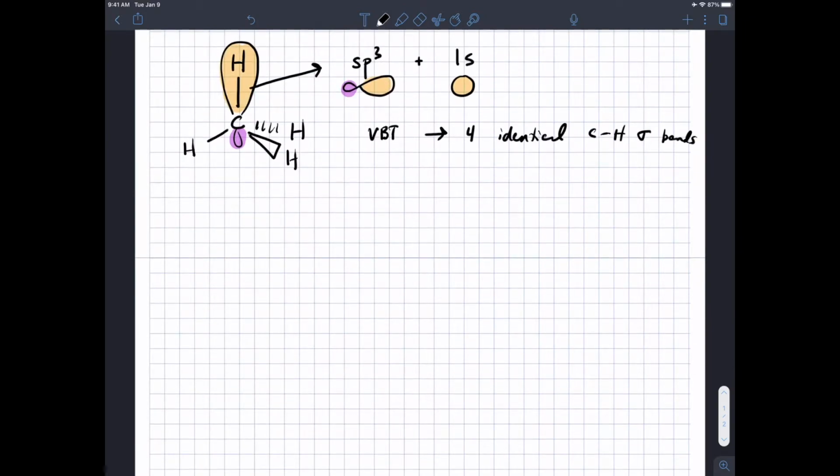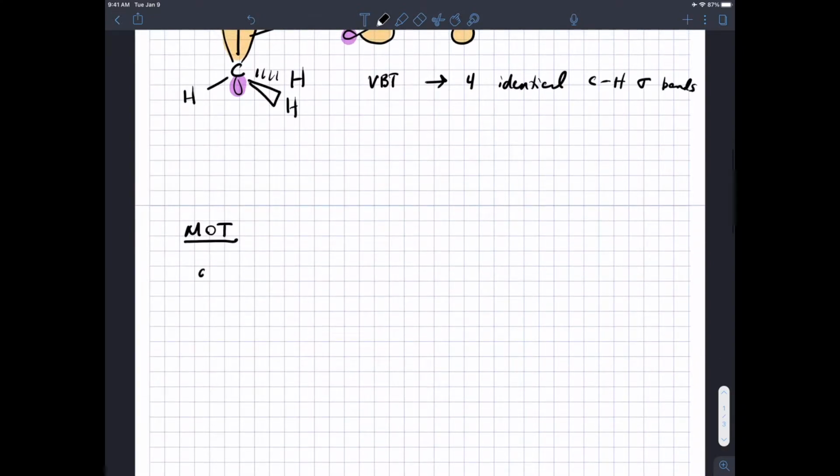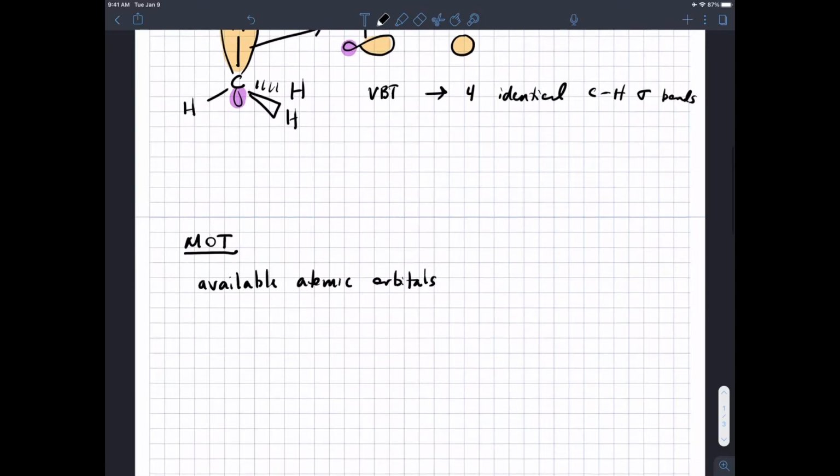In contrast with MO theory, we can start to make orbitals that are combined and span more than 2 atoms. Okay? So in our MO theory treatment of methane, we're going to take the available atomic orbitals in our molecule, and let's just think about what they are.